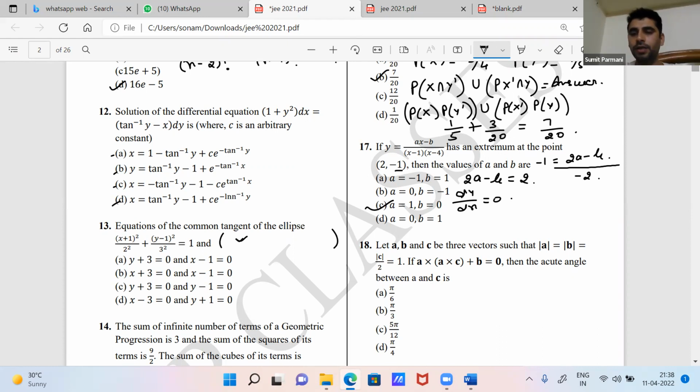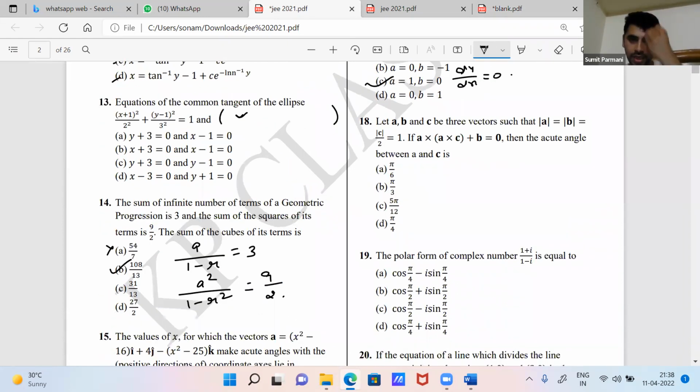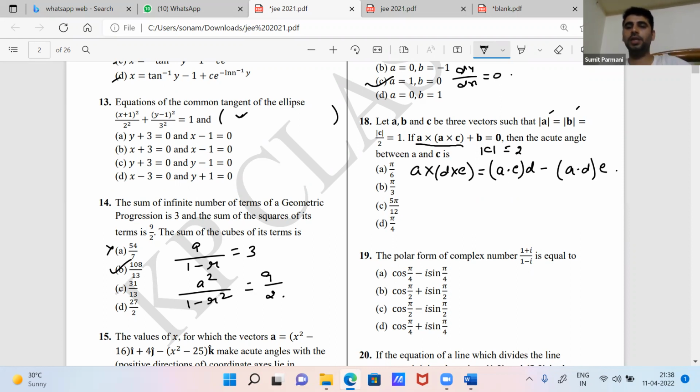Okay. For the 18th one, we have: let a, b, c be 3 vectors such that mod a, mod b, mod c are given. Mod c directly we can write equals 2 from here. Now the cross product is given. Cross product: a cross (d cross e) is (a dot e) d minus (a dot d) e.